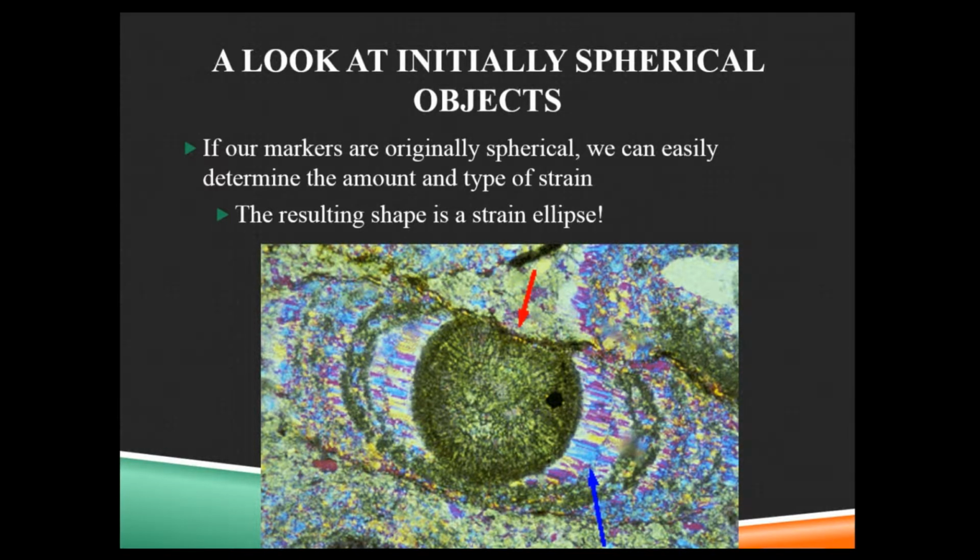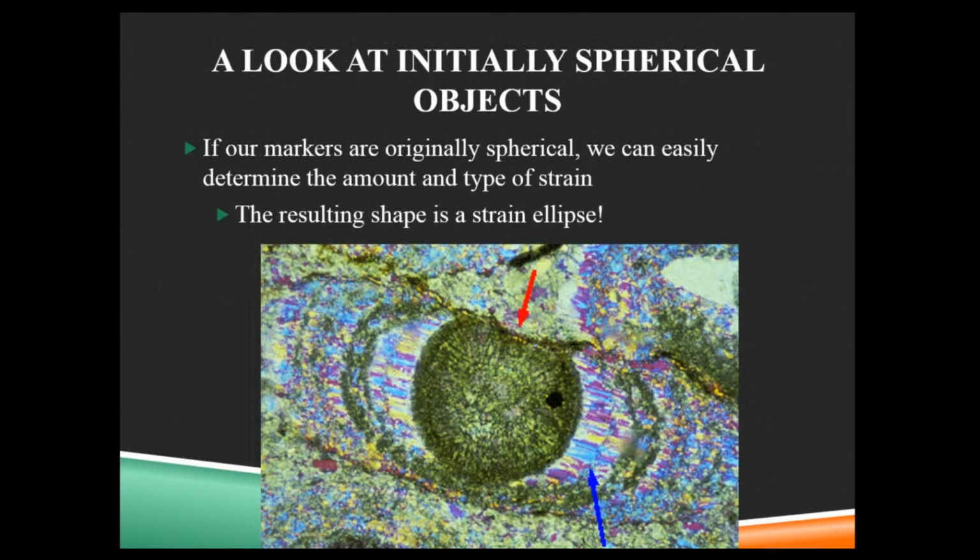In the part that the red arrow is pointing to, this mineral is stronger. It's still spherical. It has a piece broken off effectively, and then new crystals growing next to it, but it wasn't distorted. So that tells us something about how much stress was applied.